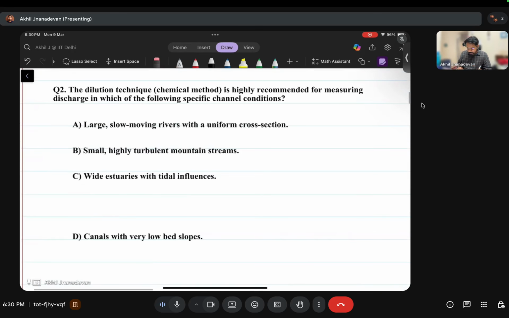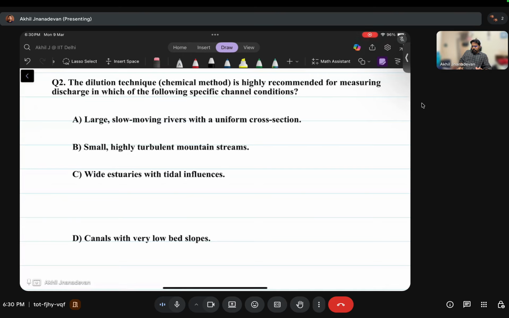So we can move on to the second question. This is also a method to find the discharge, that is, an indirect method. One method that we already discussed is measuring the velocity, and by measuring the velocity, we get the discharge using the continuity equation, and we make the stage discharge relationship and the rating curves.